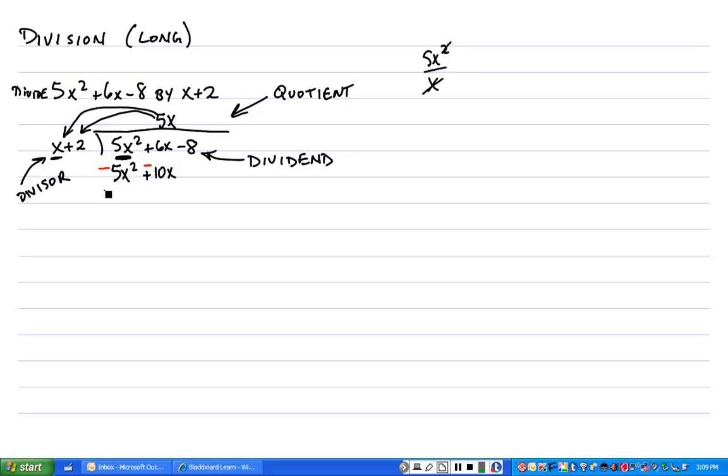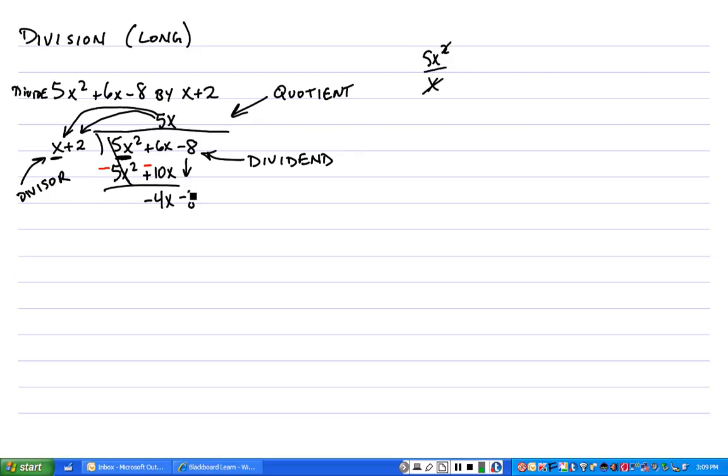Now these will cancel because they're opposite signs. 6x minus 10x is a negative 4x, and we bring down the negative 8.